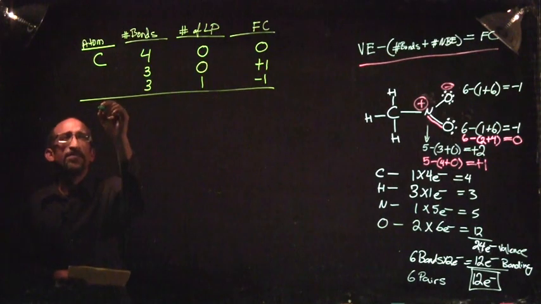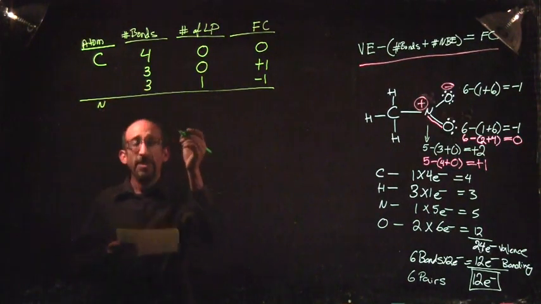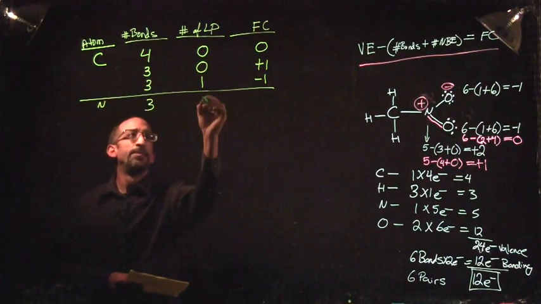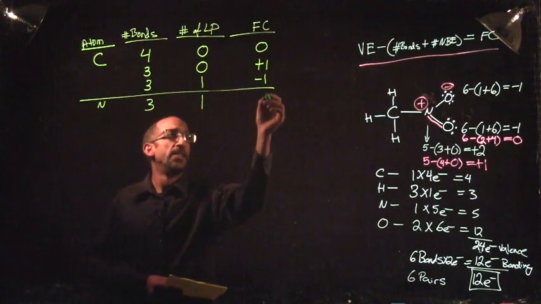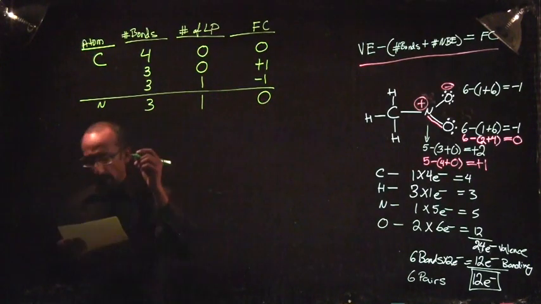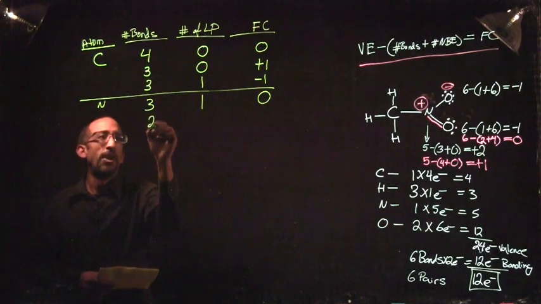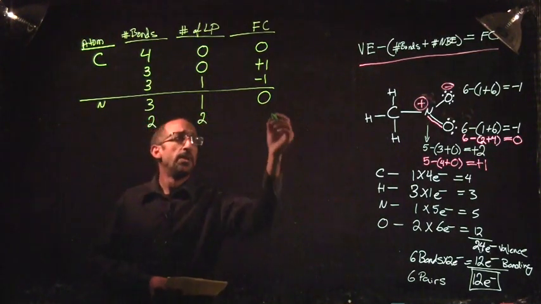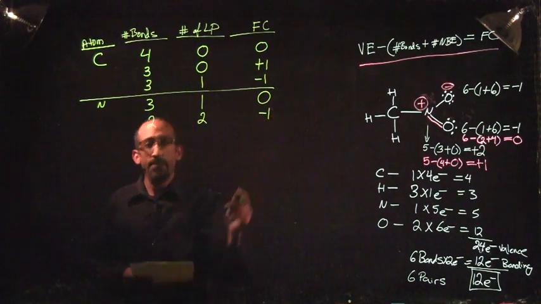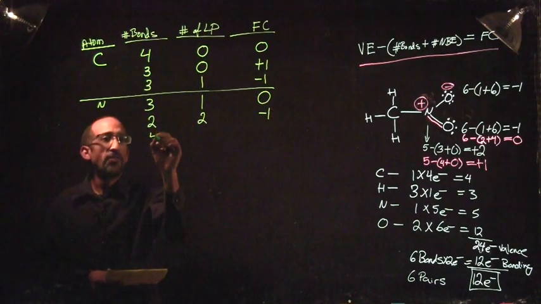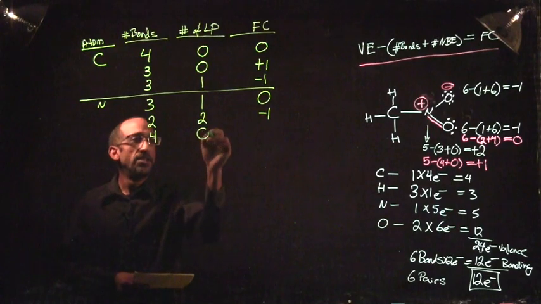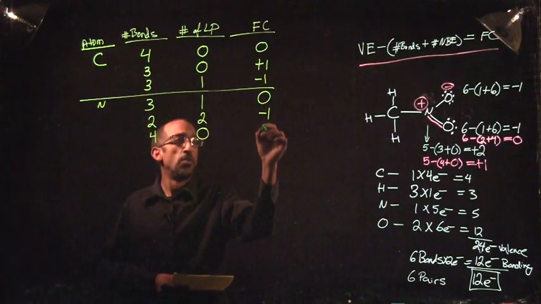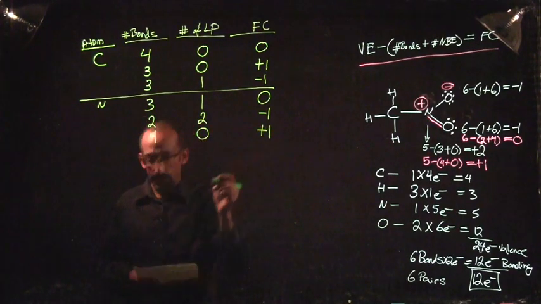For nitrogen, if I have 3 bonds to nitrogen, 1 lone pair, the formal charge is 0. If I have 2 bonds to nitrogen and 2 lone pairs, my formal charge will be negative 1. If I have 4 bonds to nitrogen, 0 lone pairs, my formal charge will be plus 1.